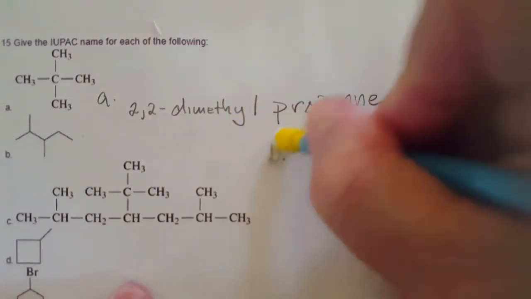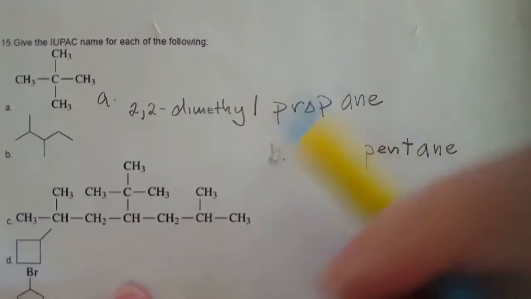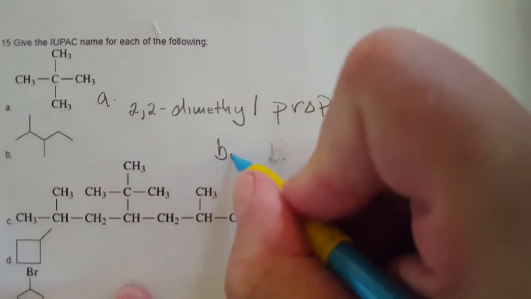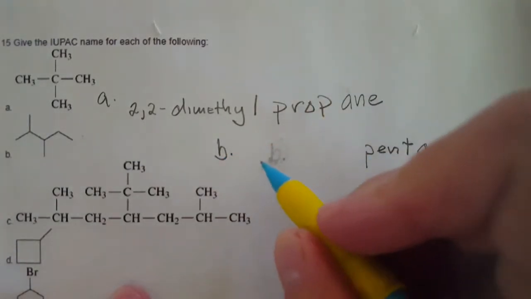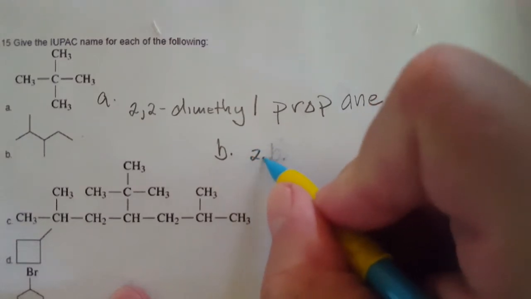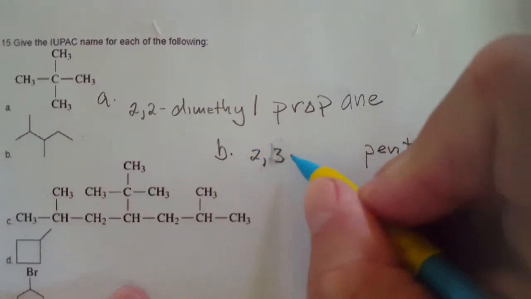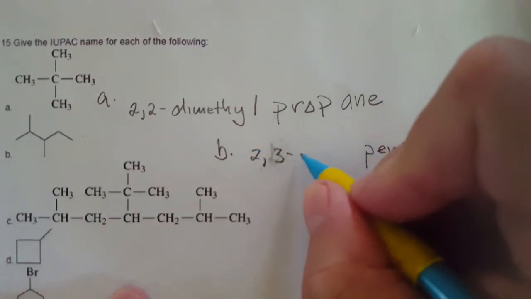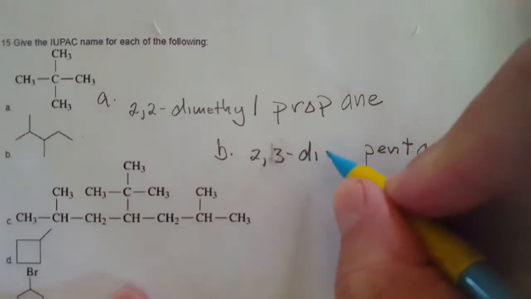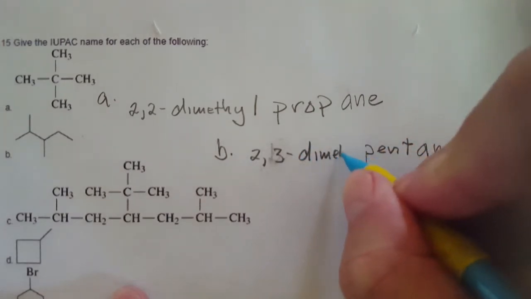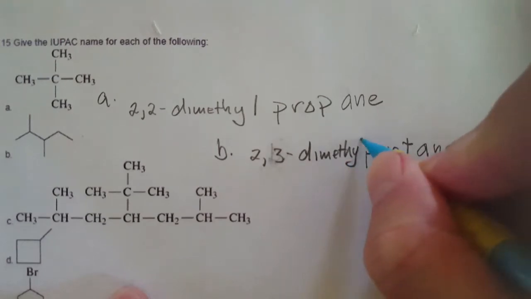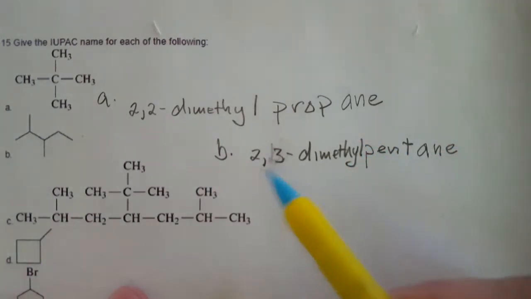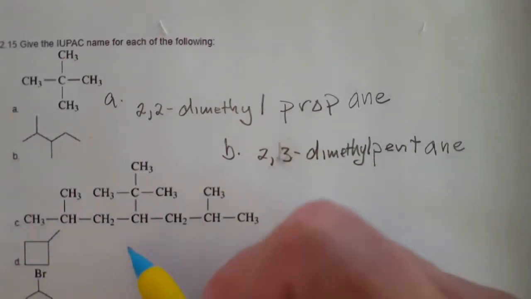So I'm going to move this over a little bit. Give me more room. So this is going to be 2,3-dimethylpentane. 2,3-dimethylpentane. Okay, let's name this one.